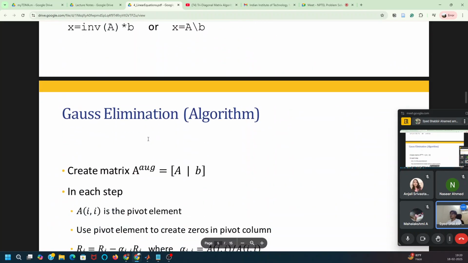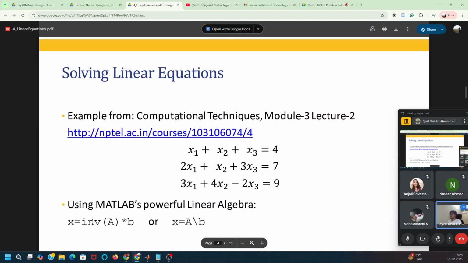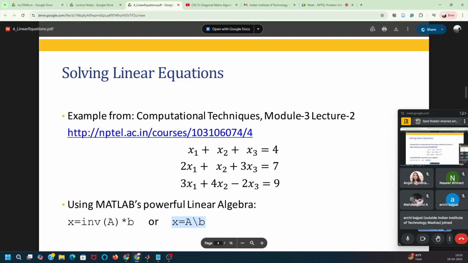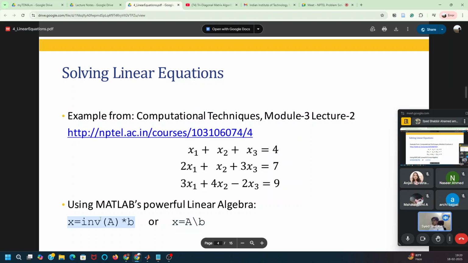And we have seen we can use inverse or A backslash B. Both of these we can use to find the solution of any linear system of equations. So MATLAB encourages you to use A backslash B instead of using inverse of A times B.